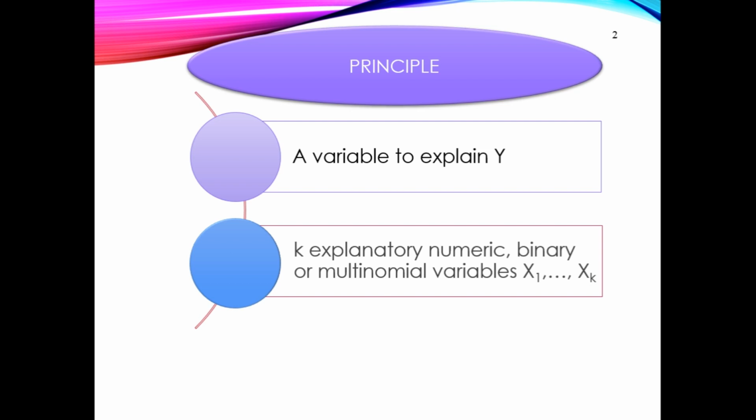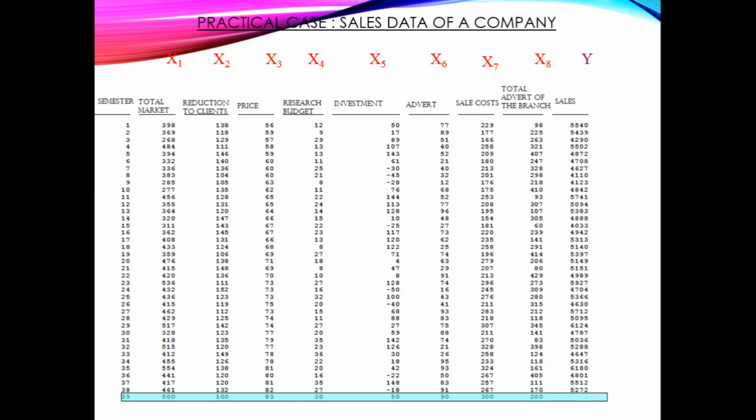So in our practical case, as I said earlier in this tutorial video, I told you that we will take a sales case. You see that in this model that we are going to show you how to build, based on sales of the company, our variable to explain here is sales of the product of the company.